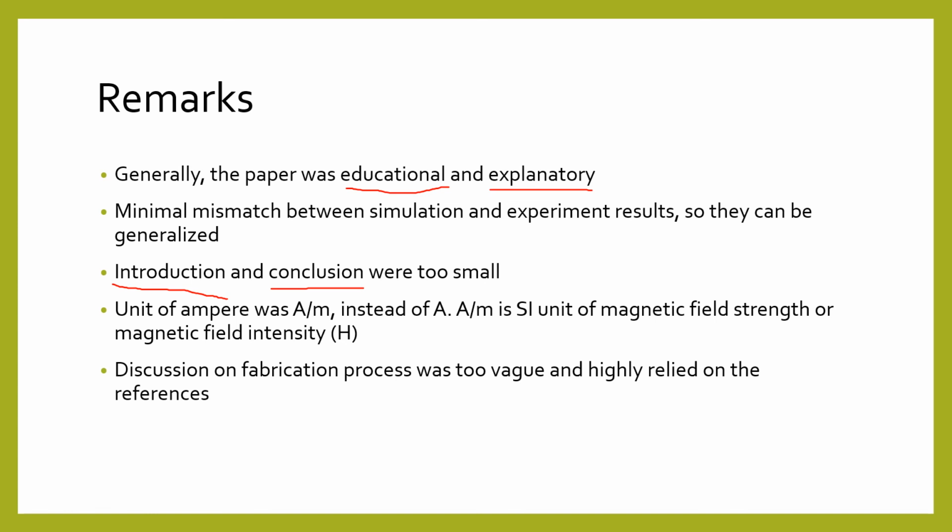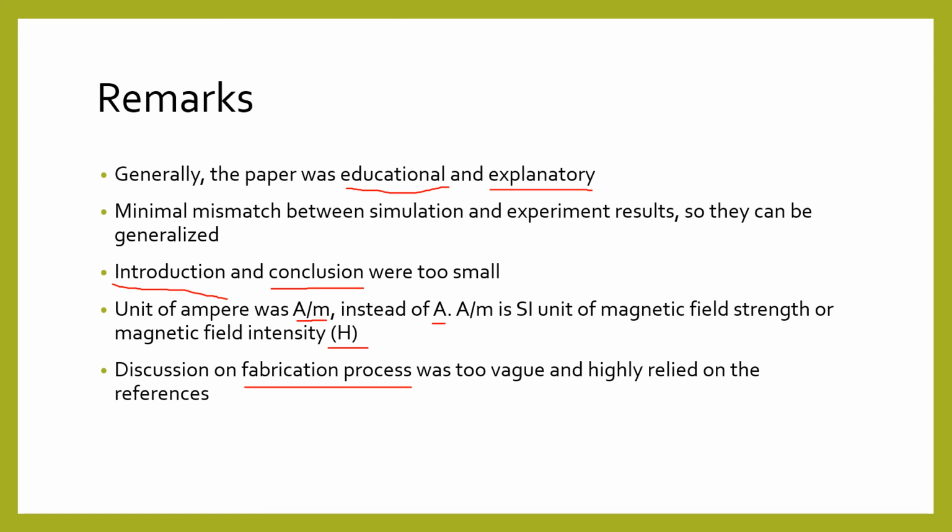Moreover, the unit of ampere was written as amperes per meter instead of just amps. But as we know, ampere per meter is the SI unit of magnetic field strength or magnetic field intensity, which is denoted as H. It might have been a printing mistake, but anyway, it was a mistake. But most importantly, the discussion on the fabrication process was too vague and highly relied on the references.